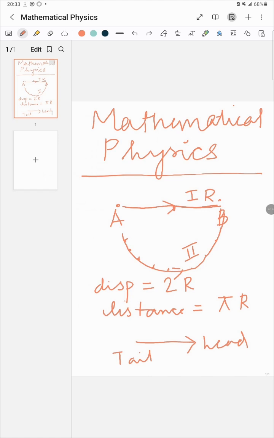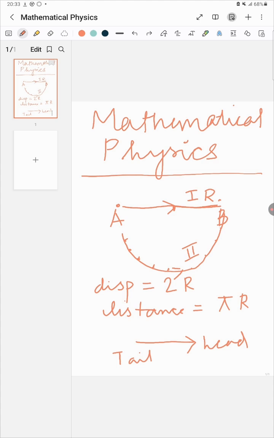So basically physical quantities are all tensors in nature. Scalars are tensors of rank 0 and vectors are tensors of rank 1. Tensors of rank greater than or equal to 2 have magnitude and multiple directions, for example, stress, strain, moment of inertia. These are tensors which have magnitude and multiple directions, that is, more than one direction.